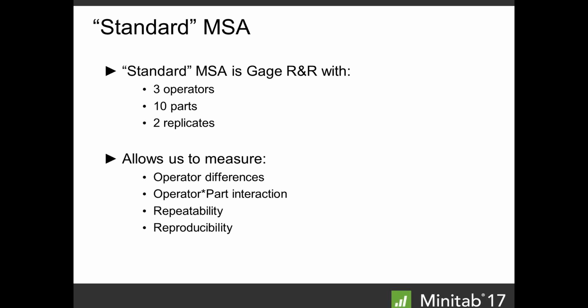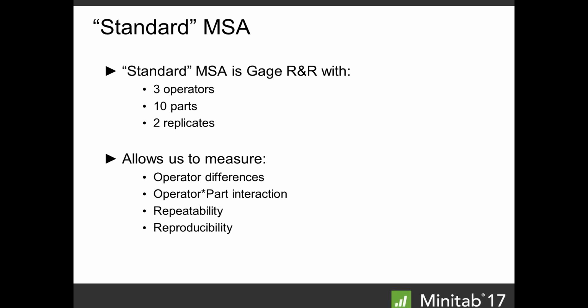One is the differences between operators. So do some operators maybe tend to measure a little higher than others, do some measure lower than others. An interaction between operator and part, so maybe there's something unique about a certain part that causes an operator to tend to measure that kind of part too large or too small.